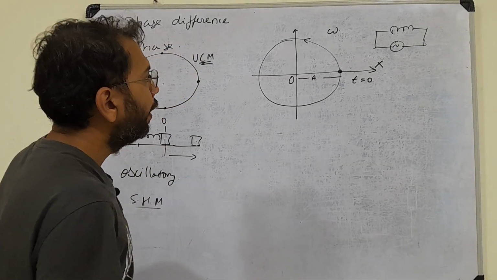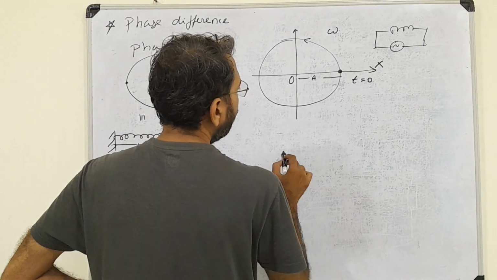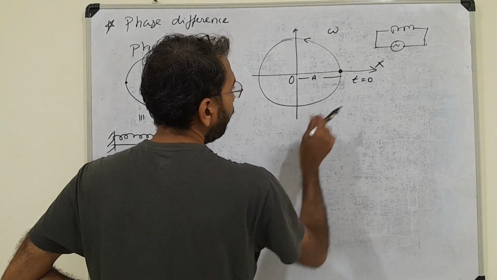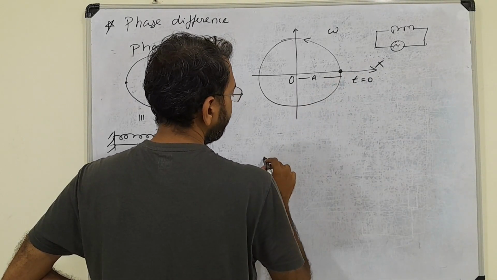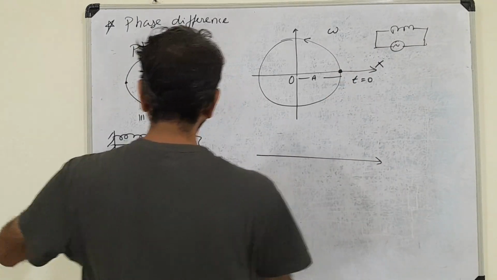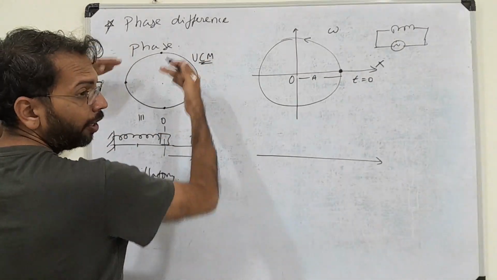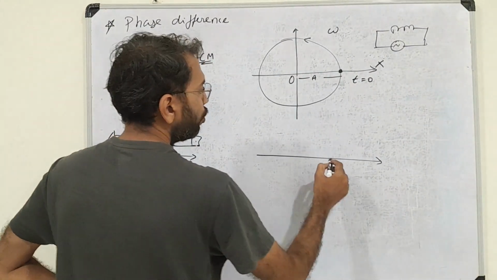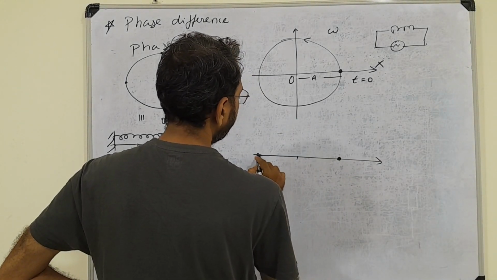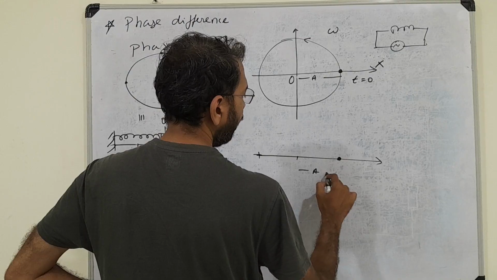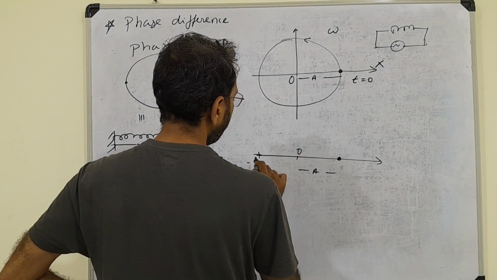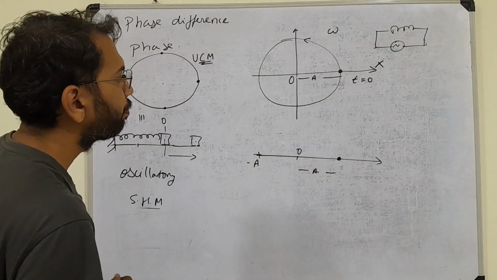Now I can write the equation for the location of x. So I project this on one dimension, the way one dimension was projected into circular motion. So the particle will appear to move back and forth between x is equal to a and x is equal to minus a.